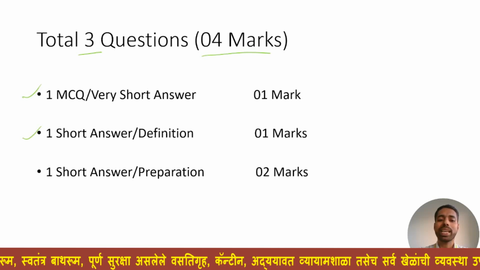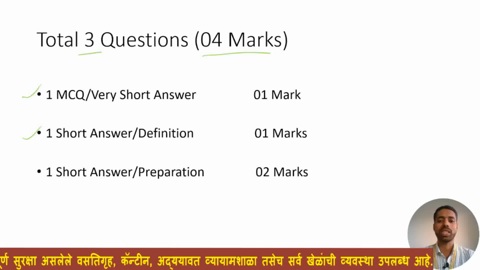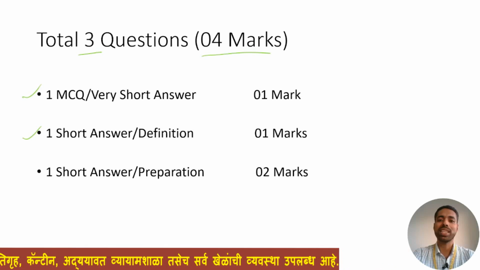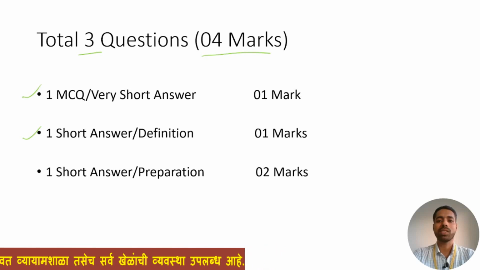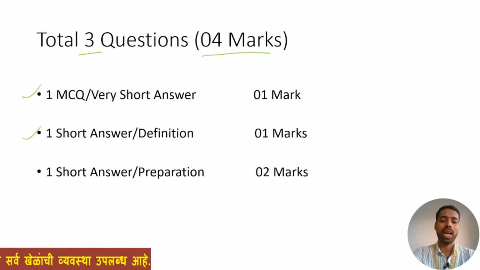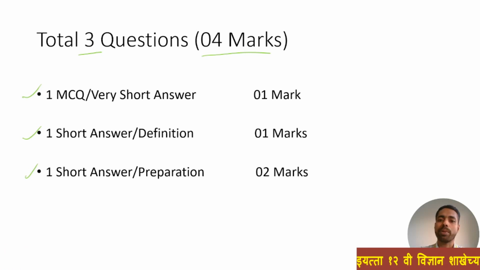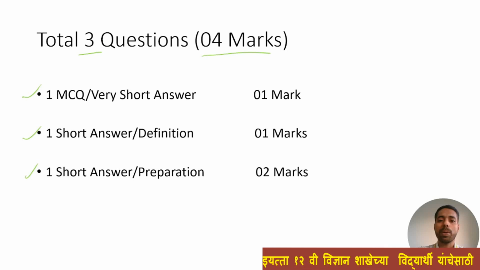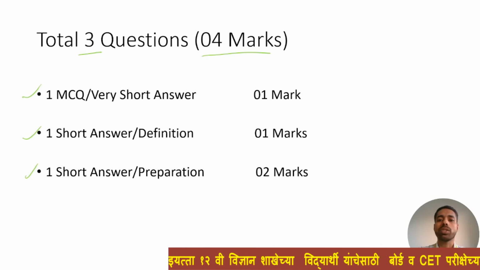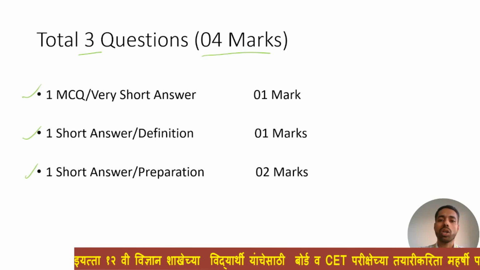Secondly, there will again be a short answer question, or sometimes definitions will be asked here for 1 mark. And the third question may again be a short answer question, or most of the times preparations of some of the polymers were asked for 2 marks.